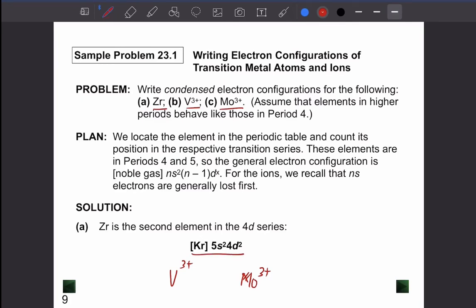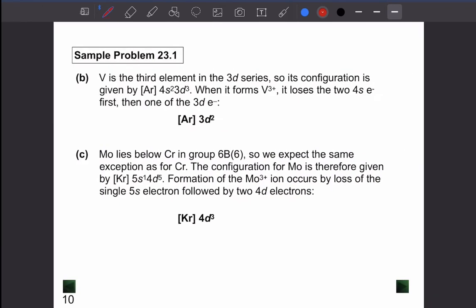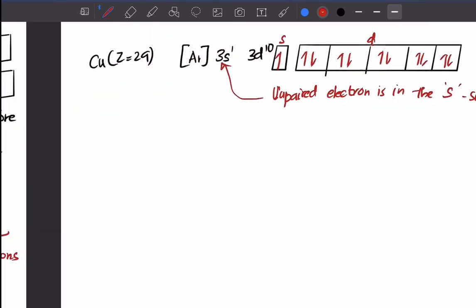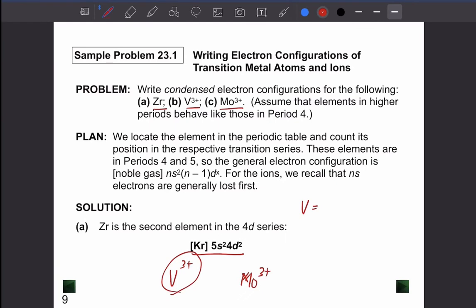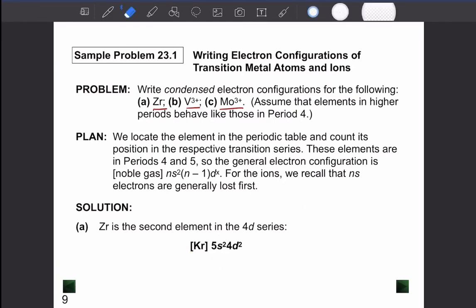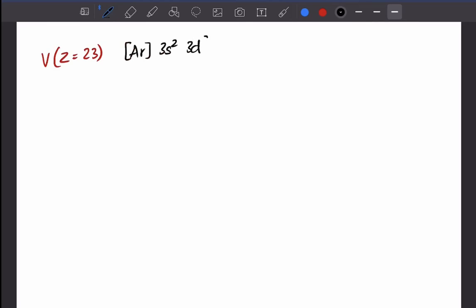So I'll do vanadium. Vanadium is the third element in the 3d series. Vanadium has an atomic number of 23. So when you write the electronic configuration, you have argon 3s2 3d3.